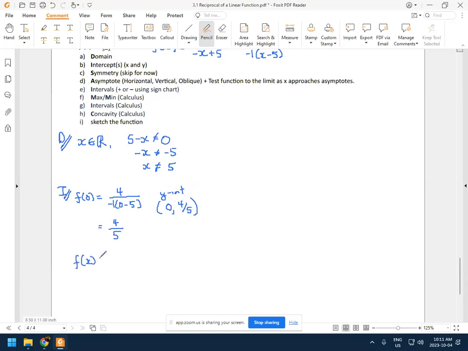Will f of x ever equal 0? No. Never equal 0. Okay. So no x-intercepts.